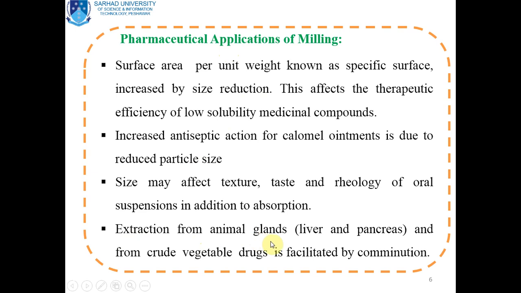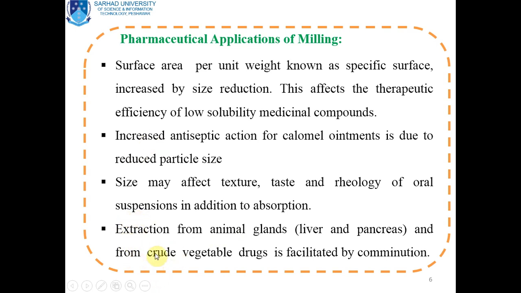Extraction from animal glands like liver and pancreas, and from crude vegetable drugs, is facilitated by the process of particle size reduction. If we are interested in extracting from animal glands like liver and pancreas, and we cut them into pieces by reducing the particle size, the extraction process will be facilitated.